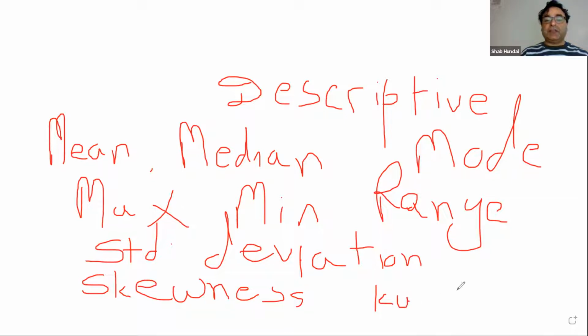Skewness and kurtosis show how unequally your data is distributed. So those people who do research in the field of economics, especially about income and wealth inequalities or welfare inequalities, wherever the word inequality comes, I think skewness and kurtosis really help you.